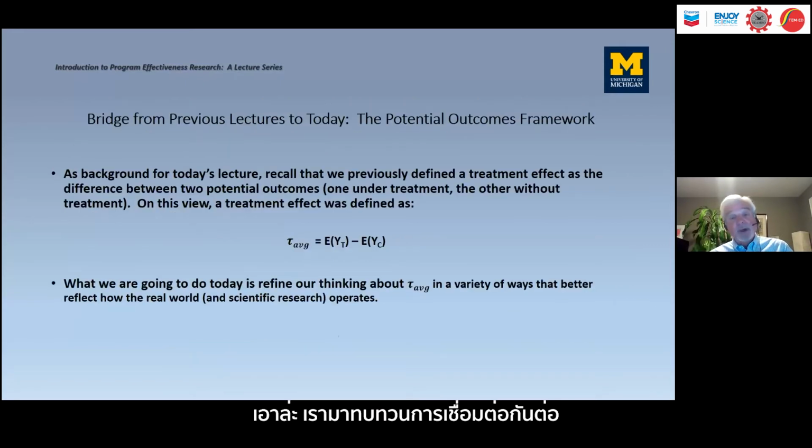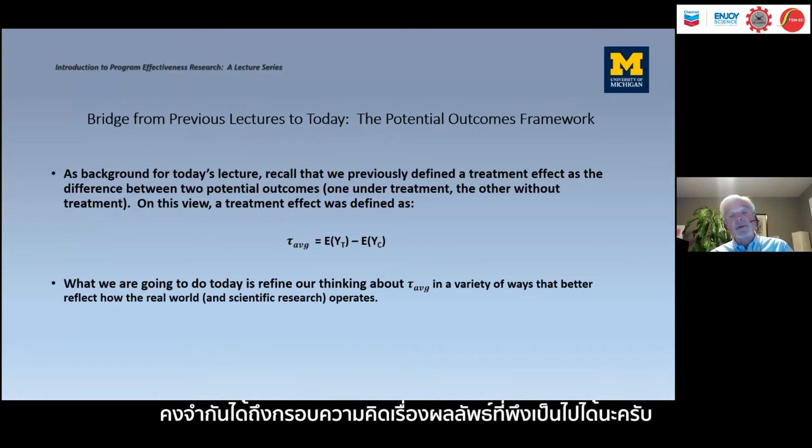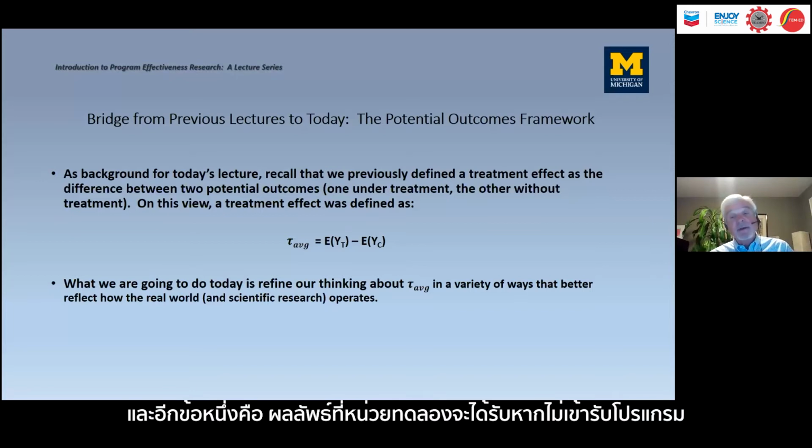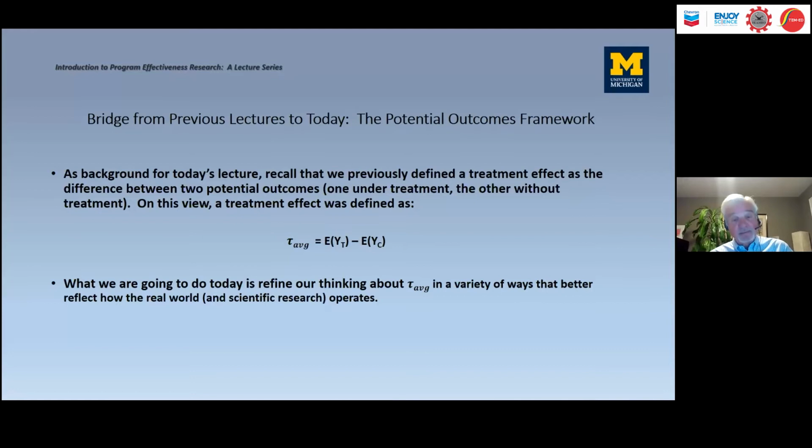So let's keep going on the bridge. Recall also the potential outcomes framework. So recall that we have previously defined a treatment effect as the difference between 2 potential outcomes. One, the outcome that a unit would receive if it were treated, and the other, the outcome it would receive if it were not treated.